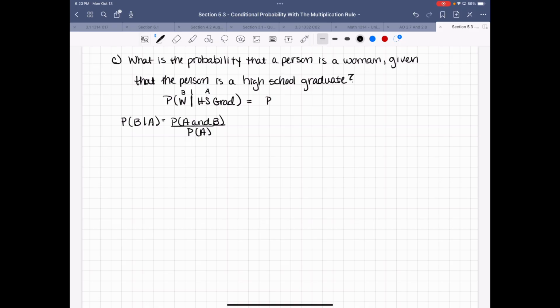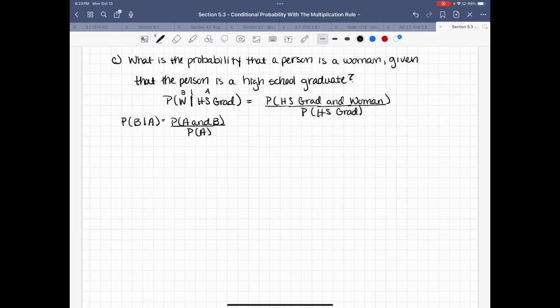So that means I have the probability of a high school grad and being a woman, divided by the probability of a high school grad. If you put it in that formula, it's a little easier to see because then you just calculate those parts.